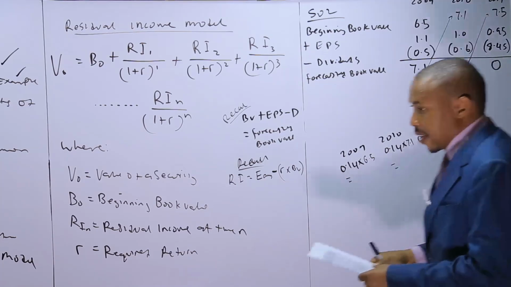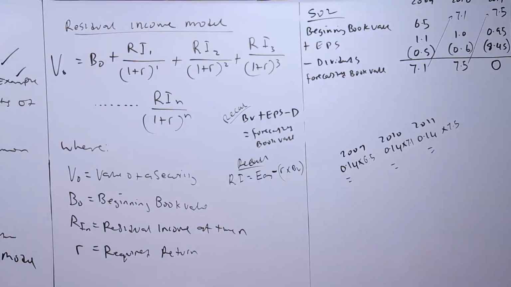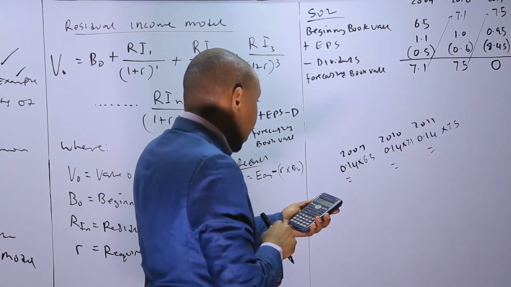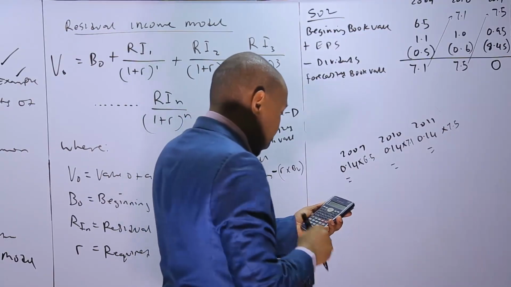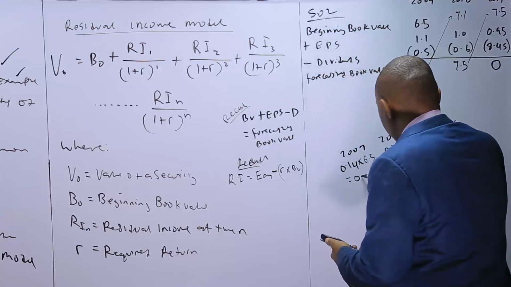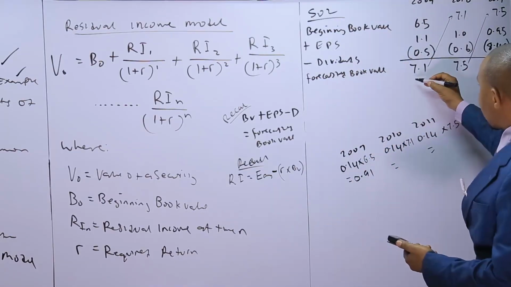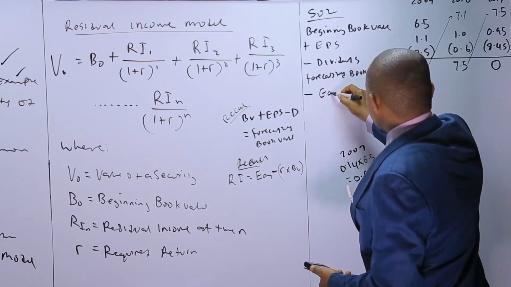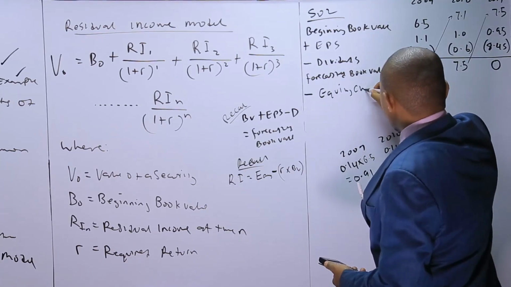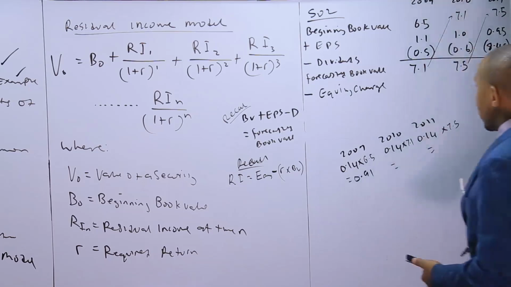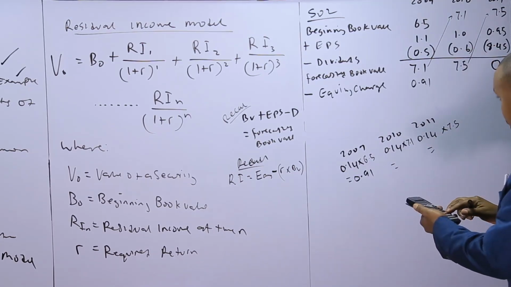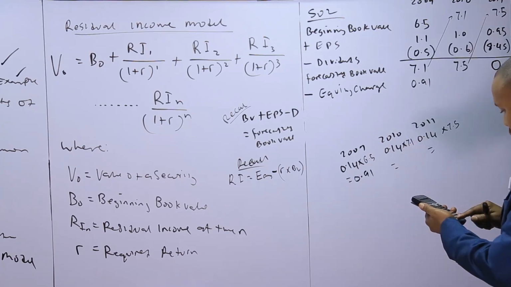So how much do we get there? We have 0.14 multiplied by 6.5, we have 0.91. For 2009, you can come over here and say less the equity charge. So we have 0.91. Then we have 0.14 multiplied by 7.1.